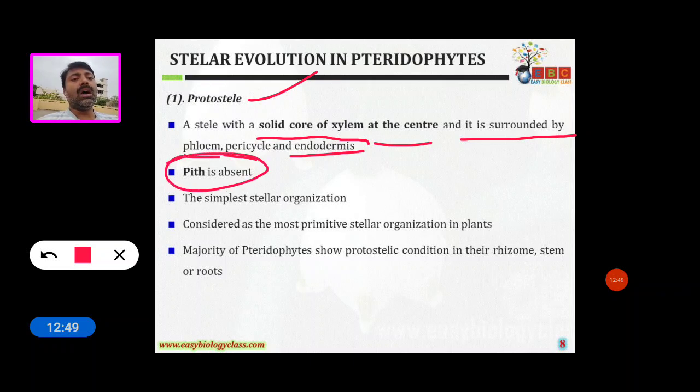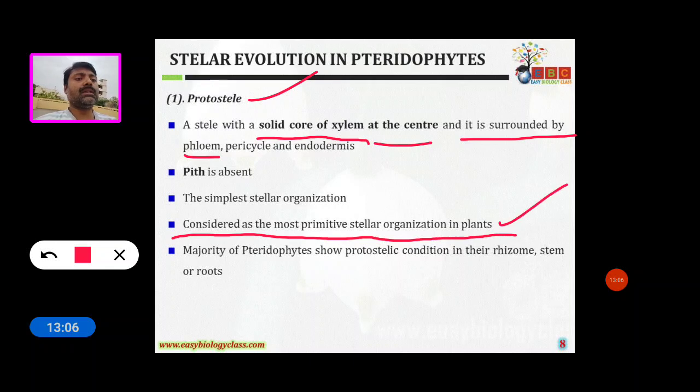This is the simplest stellar organization, and it is considered the most primitive stellar organization in plants.